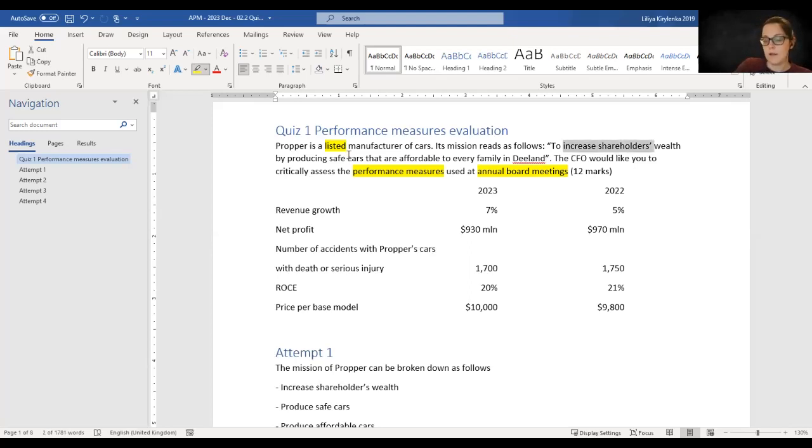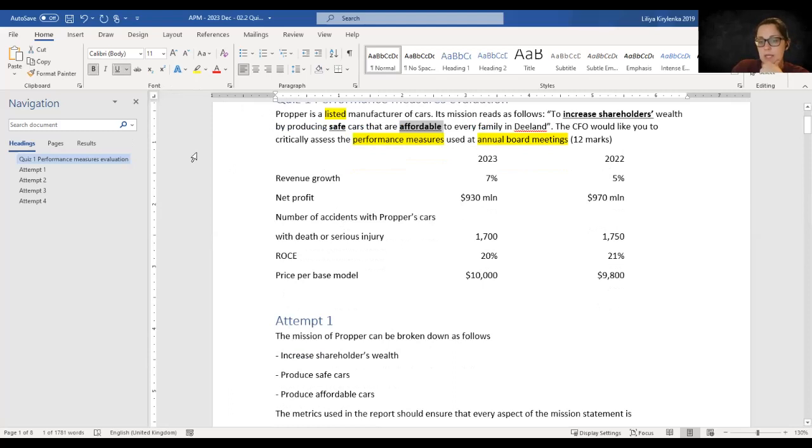Then, producing cars that are safe, so safe cars is another goal, and that are affordable to every family in D-land. And we have revenue growth, net profit, number of accidents, return on capital employed, and price per model. And 12 marks, including professional marks. So let us have a look.